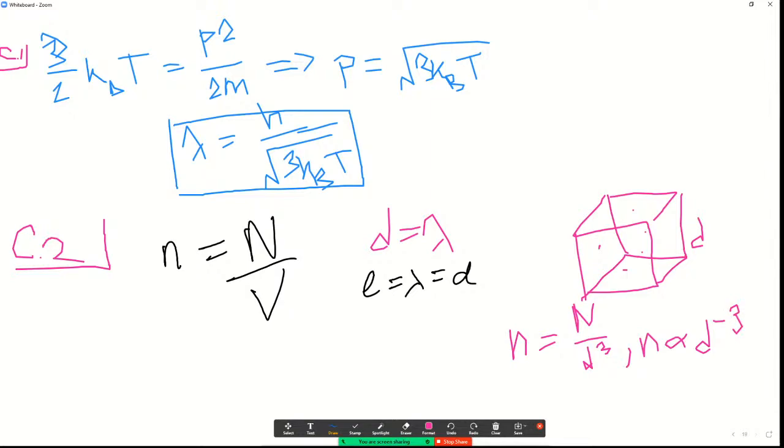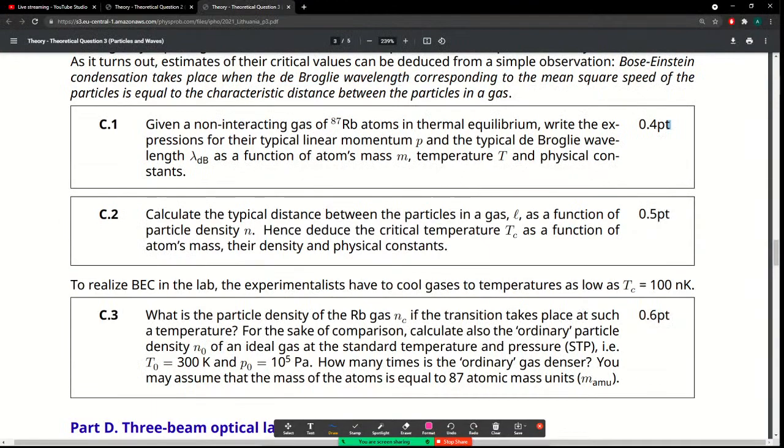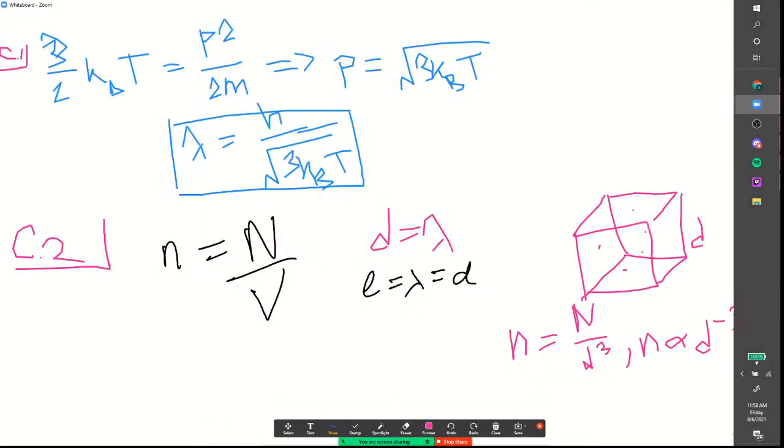Or we can assume N to be 1. For one particle, the volume required should be the typical one. Yeah, for one particle, that would make sense.